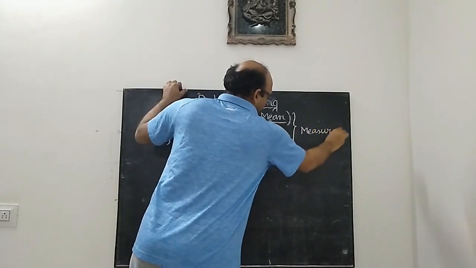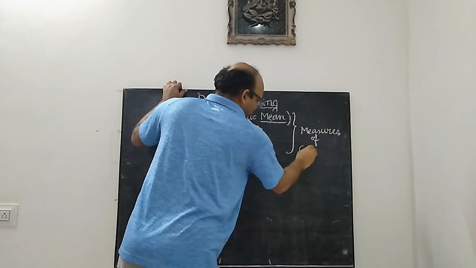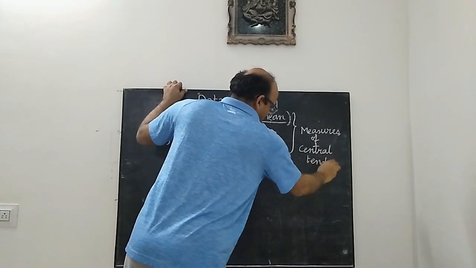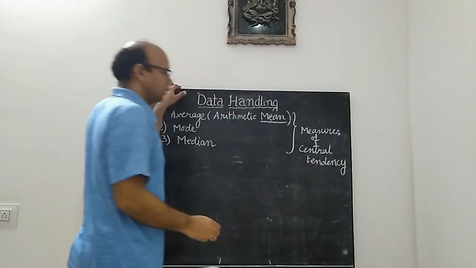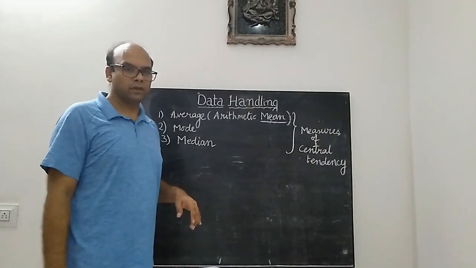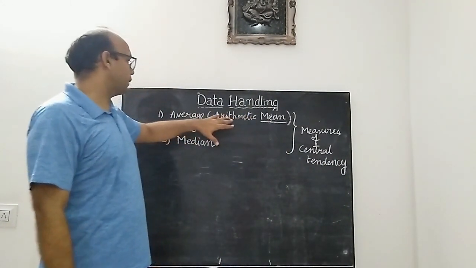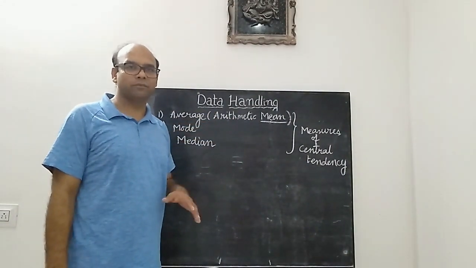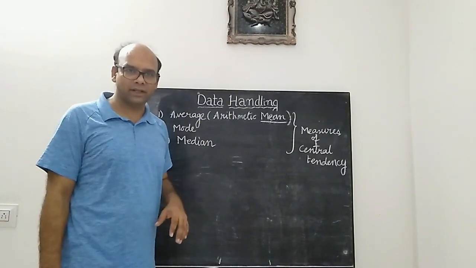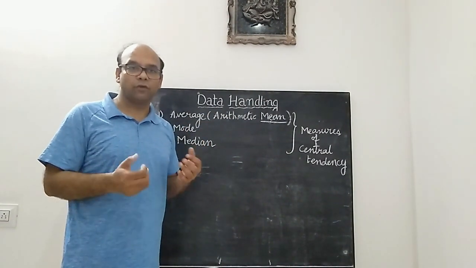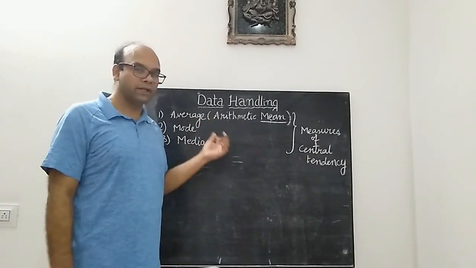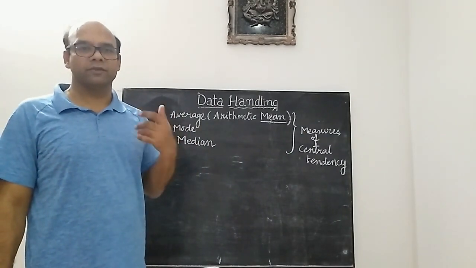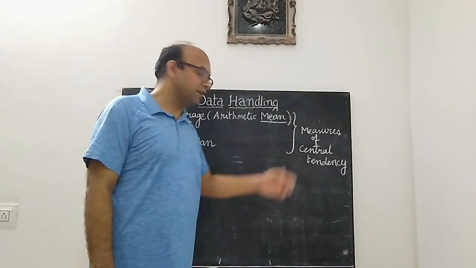So these are the three measures of central tendency which we'll be studying. To know which of these has to be used when, it is important to know for what purpose the data has been collected, what information we want to deduce from the data, and what exactly we want from the measure of central tendency.